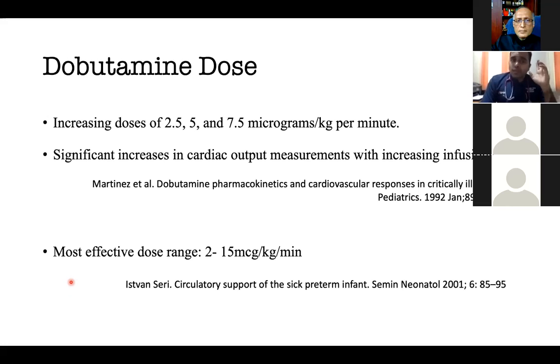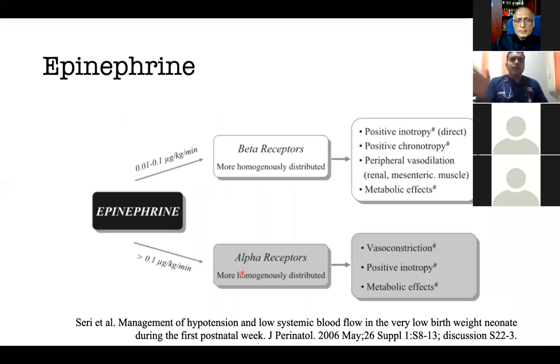So the dose, again, people have used increasing doses of 2.5, 5, as well as 7.5 mics per kg per minute, and significant increase in cardiac output with increasing infusion. And again, the most effective dose range people have shown to be using is 2 to 15. So both with the dopa and dobuta, you don't go till like 22 mics per kg per minute. Dopa, it's generally better to avoid more than 10. And dobuta also till 15 is recommended.